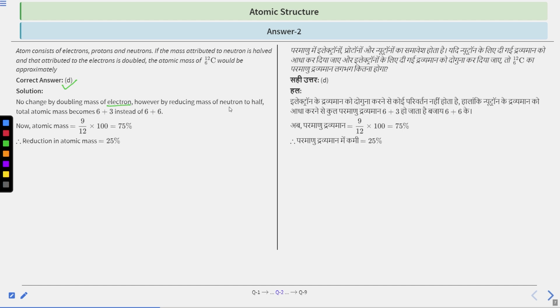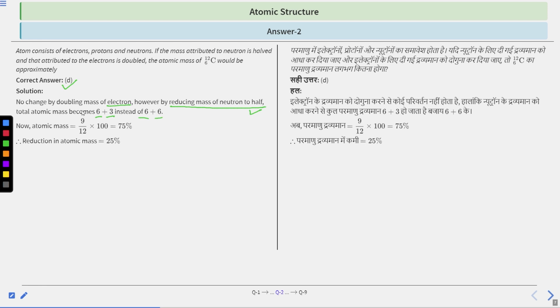However, if we reduce the mass of neutron to half, the total atomic mass becomes 6 plus 3 instead of 6 plus 6. As you know, the atomic mass of an atom is calculated in terms of protons plus neutrons, and if we reduce the mass of neutrons to half, the number of neutrons is decreased to 3 from 6, right?